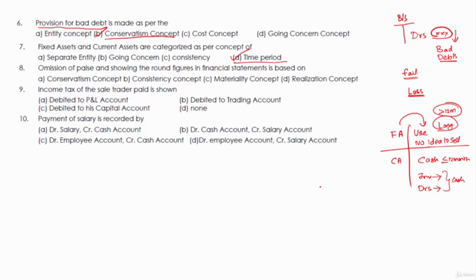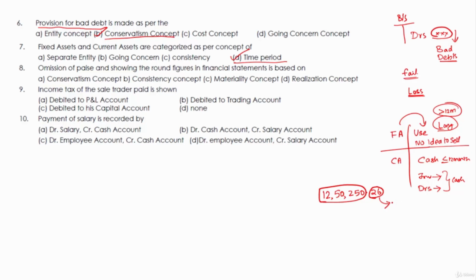See, let's say the payment made is 12,50,250.26 paise. Okay, this is a substantial figure, and this is a very small amount, and it is not going to have any significant impact on the readers of financial statement.